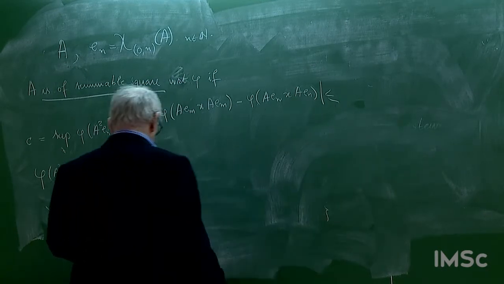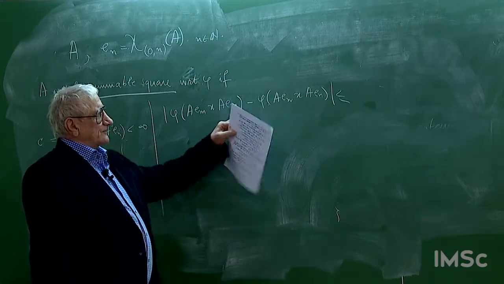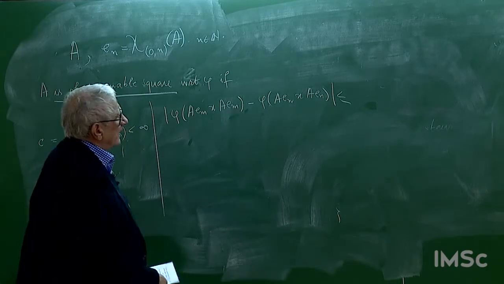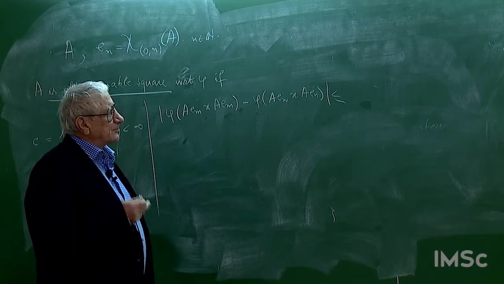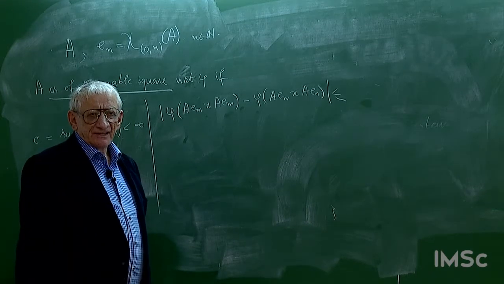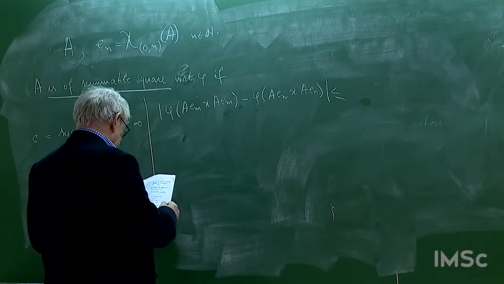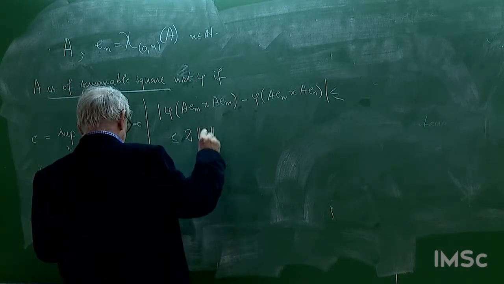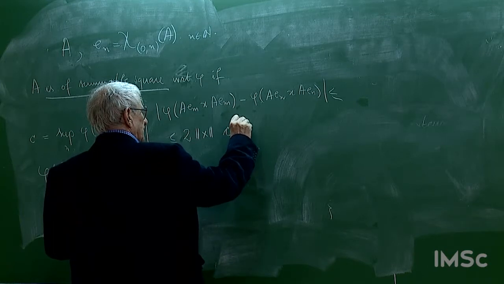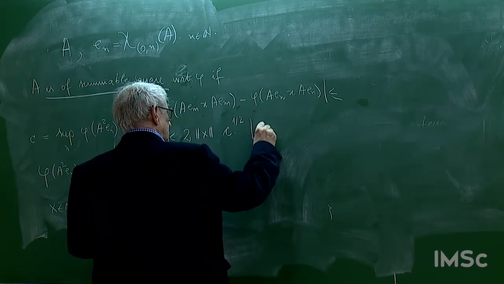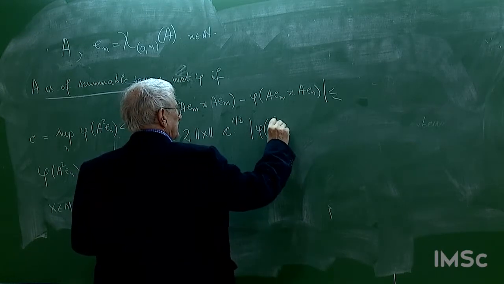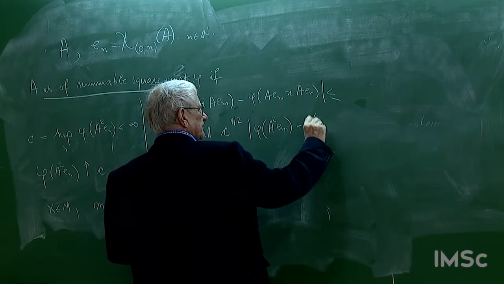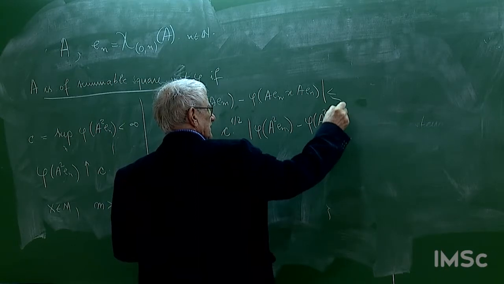I will see that this is equal to, well, you do the usual things. You put a mixed term in here, and you will get two differences. And after that, you apply to these two differences the Cauchy-Schwarz inequality. And applying the Cauchy-Schwarz inequality, you get finally that this is less than 2 times the norm of x, c to the power 1/2, times phi of A squared E_m minus phi of A squared E_n in here.